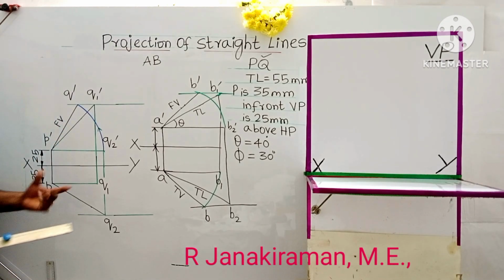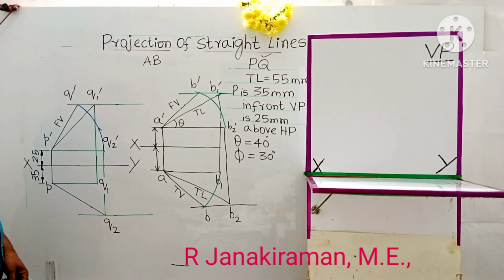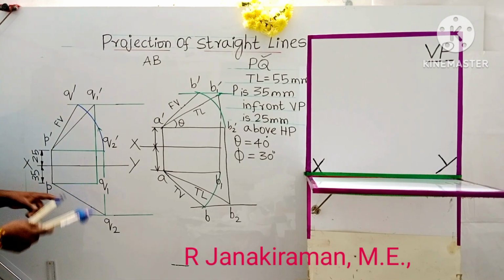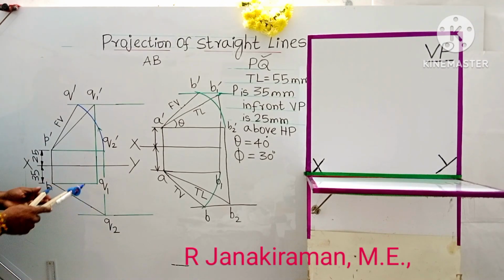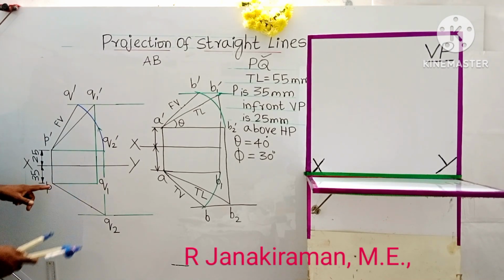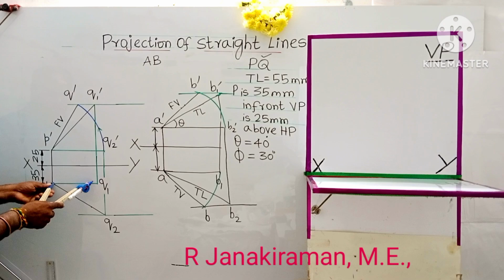Similarly, the same procedure is followed below also. Next, this is Q1. Take PQ1, P as center, Q1 as radius, draw an arc downward.